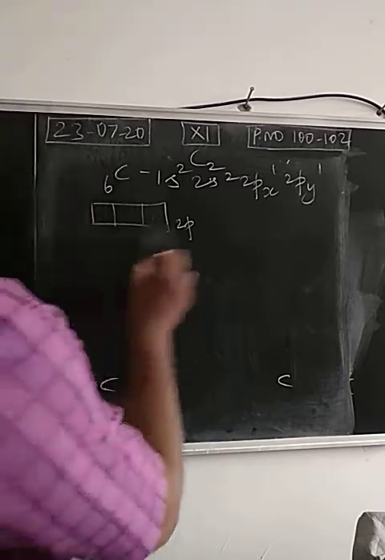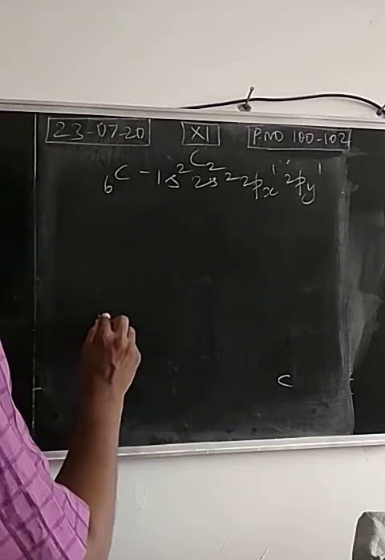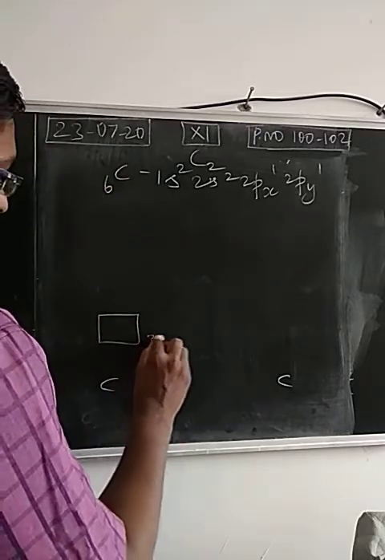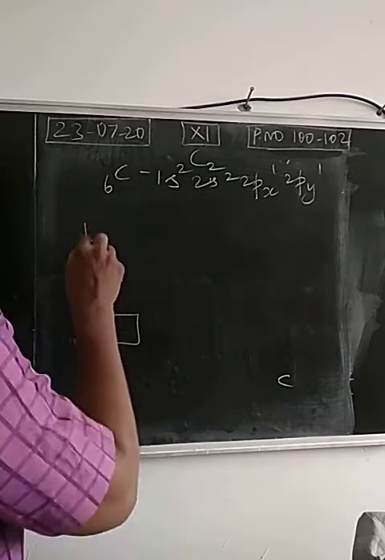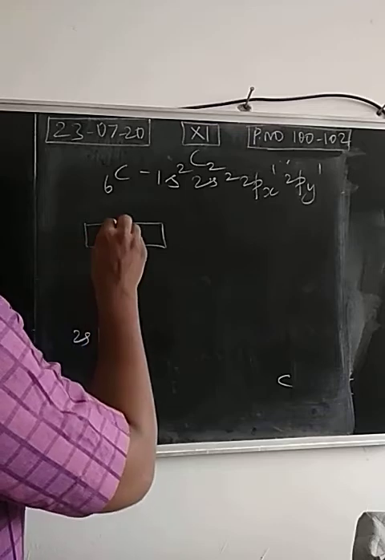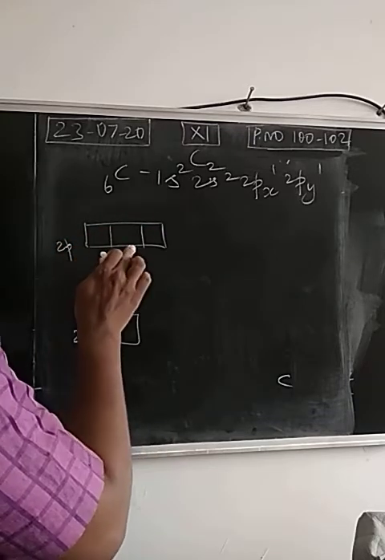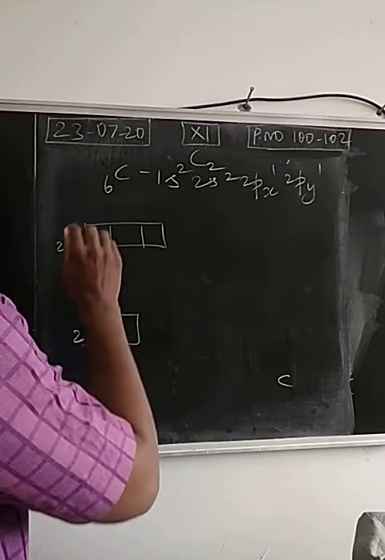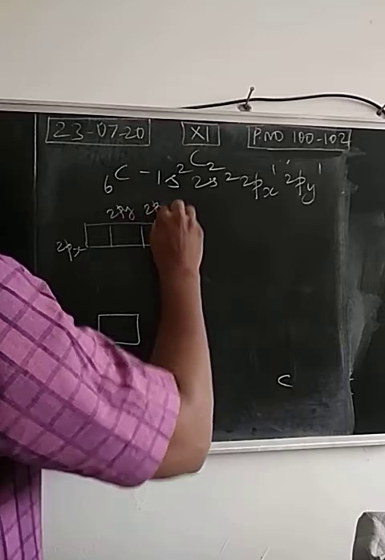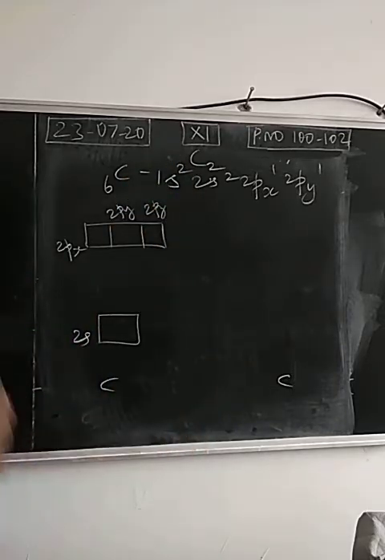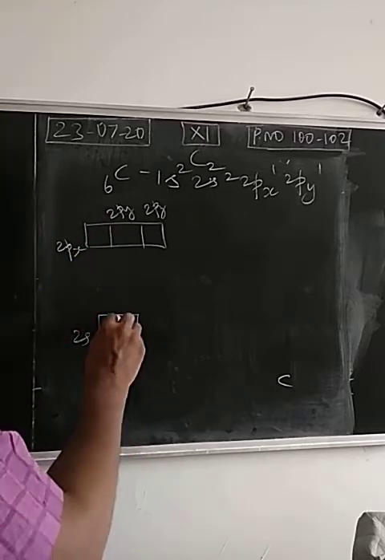Okay. 2s orbital, then 2p orbital: 2px, 2py, 2pz. So electronic configuration 1s2, 2s2, 2px1, 2py1.